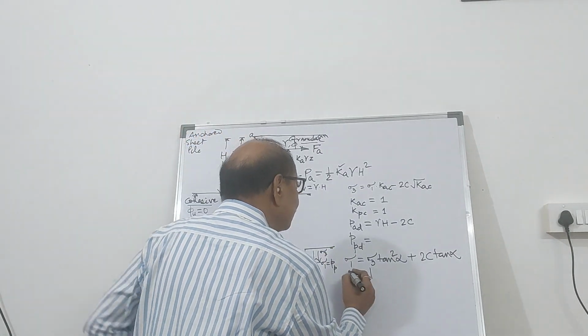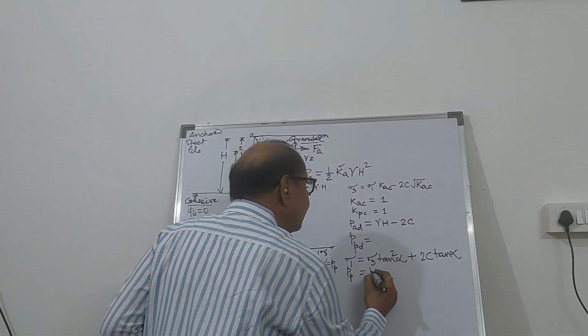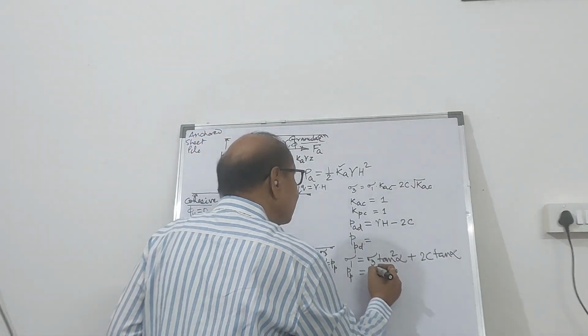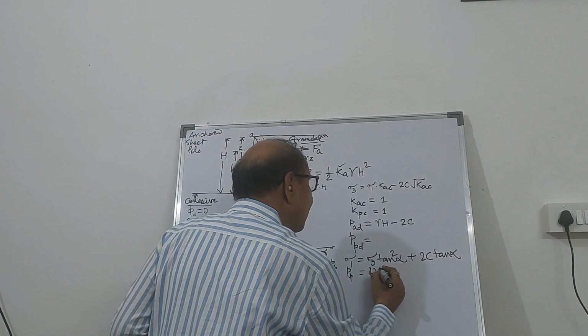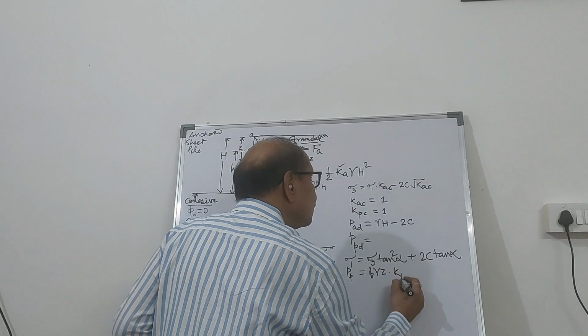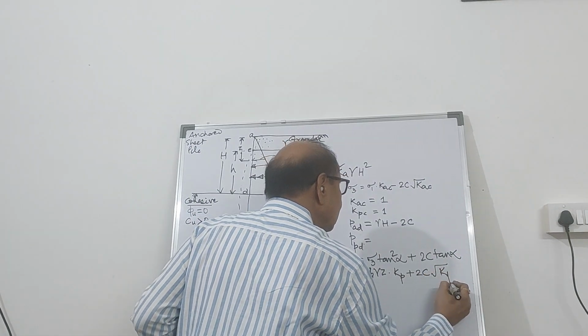As I have already explained previously, PP equals gamma Z into Kp plus 2C under root Kp.